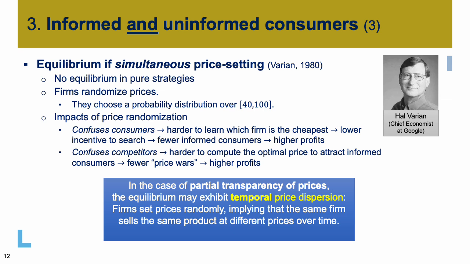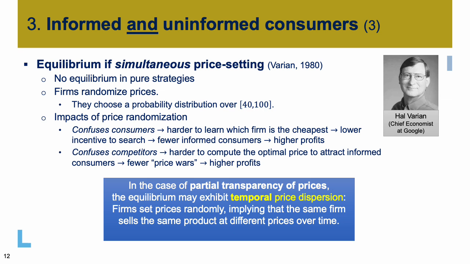So to make things simple, in the jargon of game theory, it means that there is no equilibrium in pure strategies. You cannot find a stable pair of prices such that both firms are best responding to one another. Okay, so we need to define the equilibrium in terms of mixed strategies.